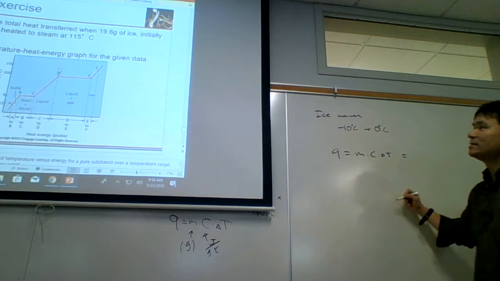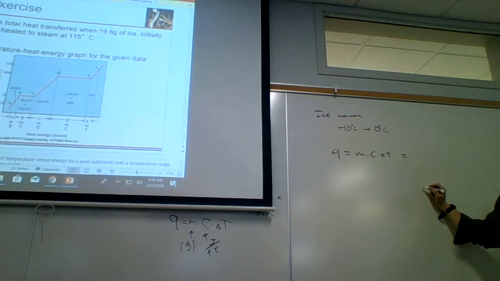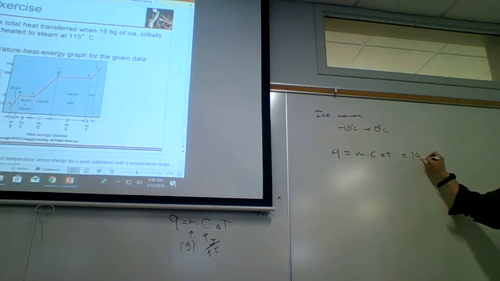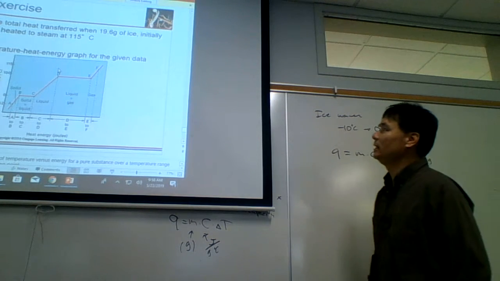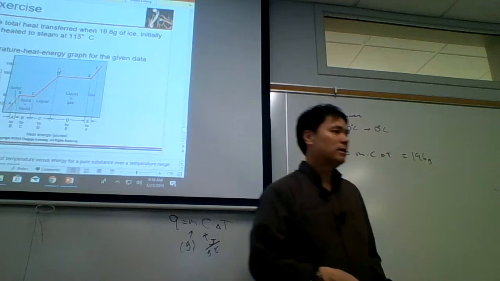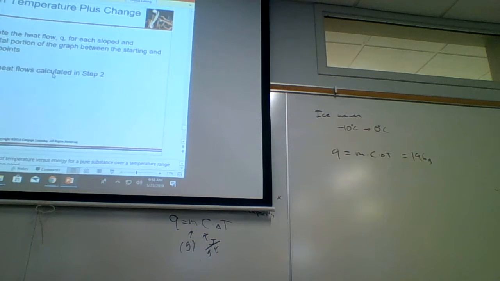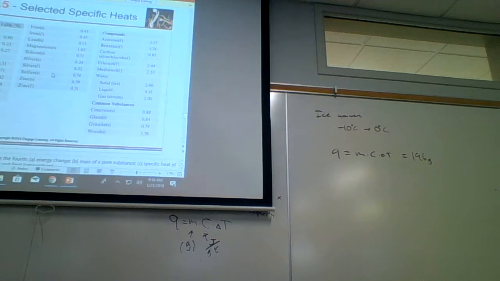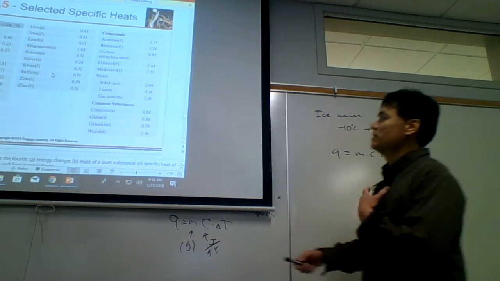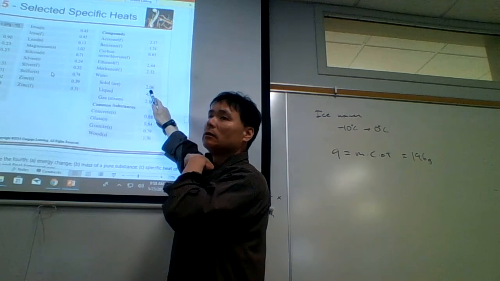What is the amount of ice we have? The amount of ice we have is 19.6 grams. What is the specific heat of ice? The specific heat of ice, we have to look it up, or we have to have it given to us. So we'll look it up here. The specific heat of solid ice is 2.06.